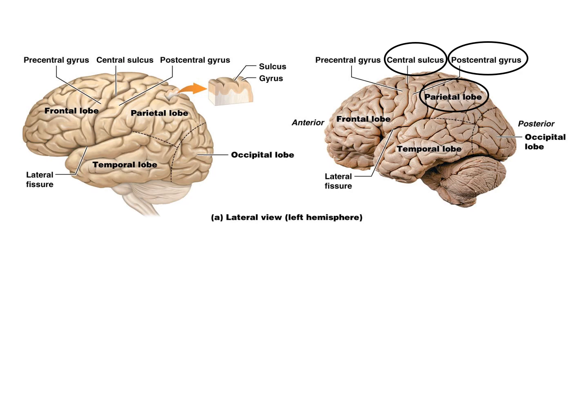So here's the frontal lobe, here's the central sulcus, and posterior to that is the parietal lobe. Here's the postcentral gyrus, the gyrus immediately posterior to the central sulcus and part of the parietal lobe. So we have the frontal lobe, the precentral gyrus, the central sulcus, and the postcentral gyrus, which is part of the parietal lobe.